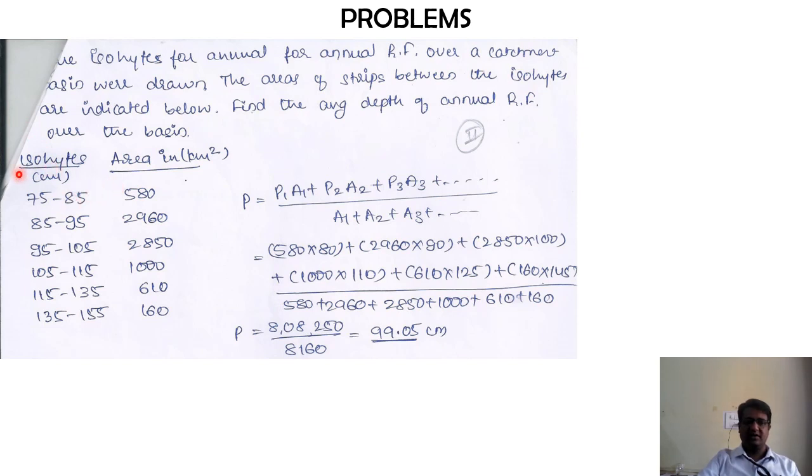Then they have given the isohyet values in centimeters and the area in kilometers squared. If you check here, again it is similar to the first problem that we have solved.